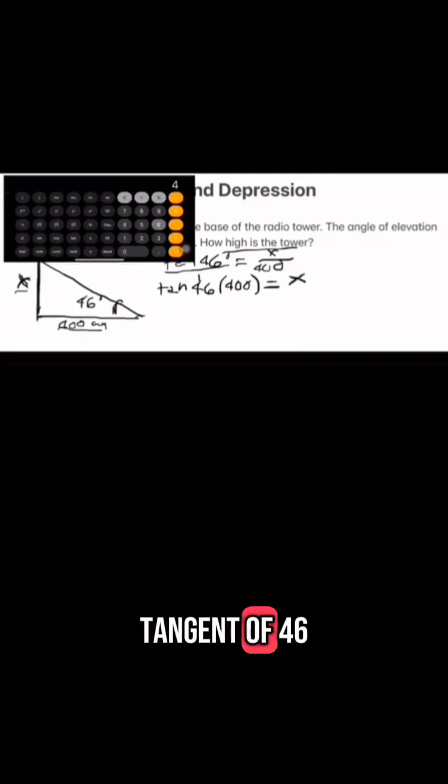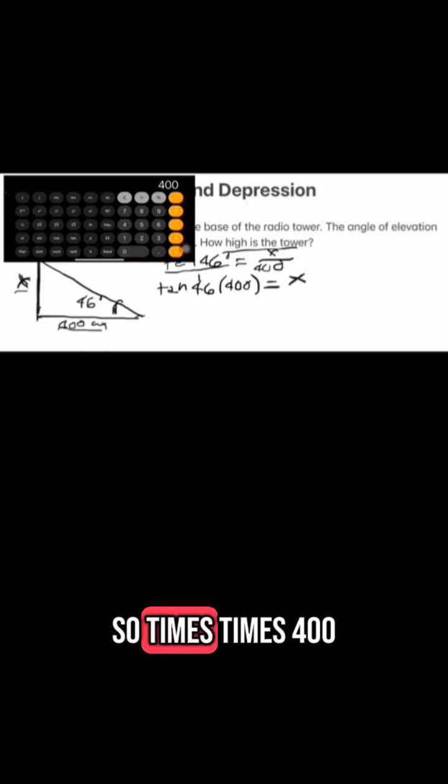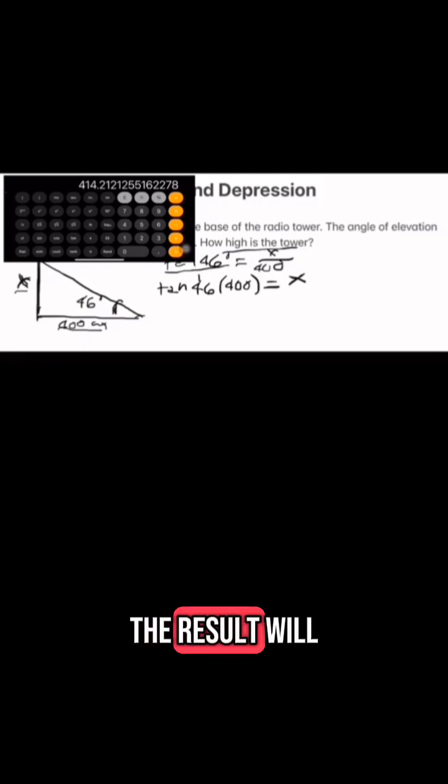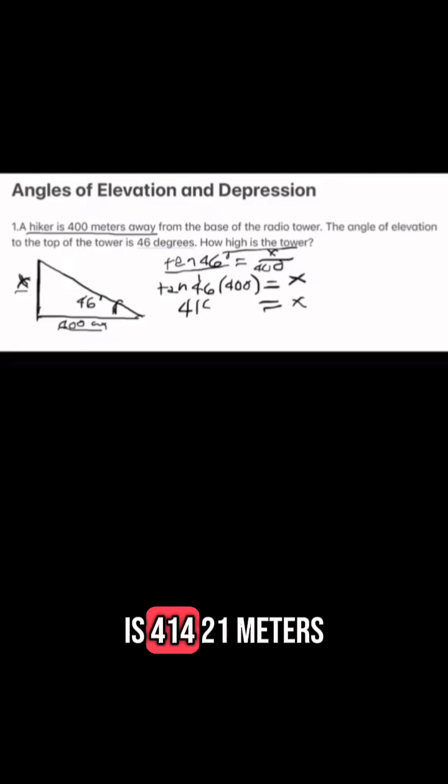Tangent of 46 is 1.03553 and so on. We multiply that by 400, and the result is 414.21. So x is 414.21 meters.